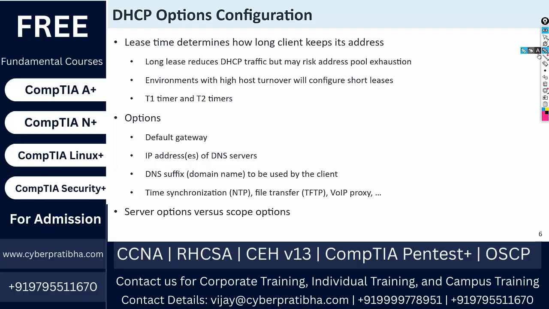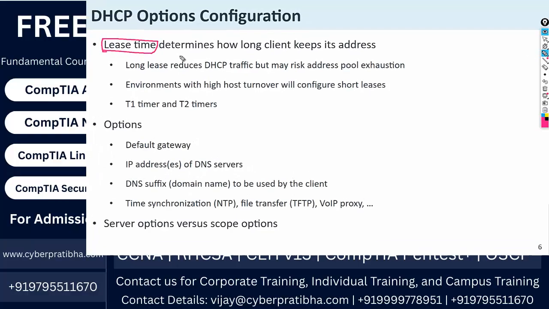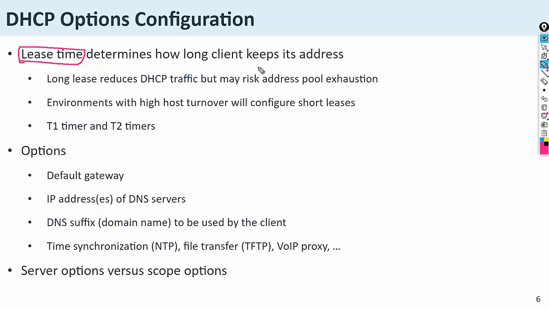So what configuration and options are available? First is lease time. Lease time determines how long a client keeps its address. Like the IP address 192.168.1.10 has been provided to you. So how long can you keep this IP address for your laptop or desktop or other device.